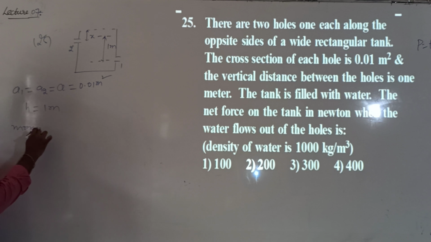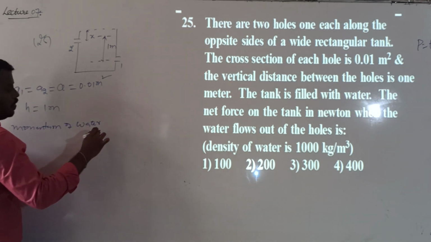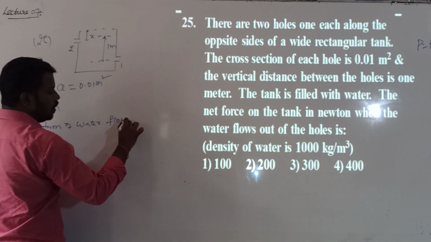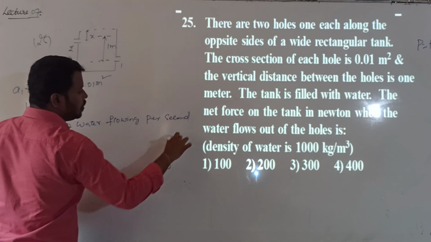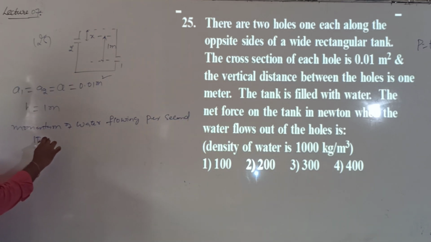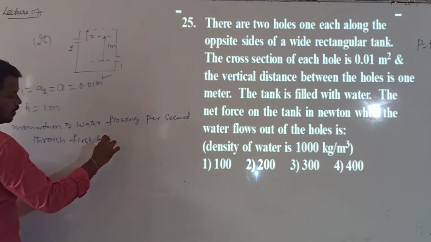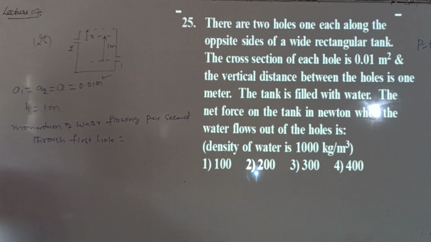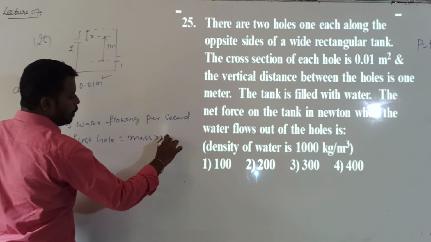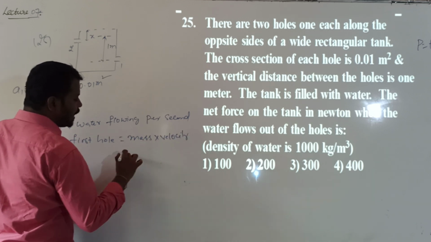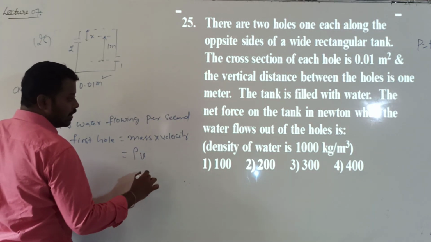So what is the momentum of water flowing per second through the first hole? Okay? So that one can I write, momentum is a product of mass into velocity, right? Mass into velocity. So mass can be written as density into volume, rho W into V, here water only.